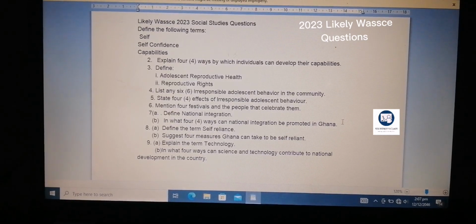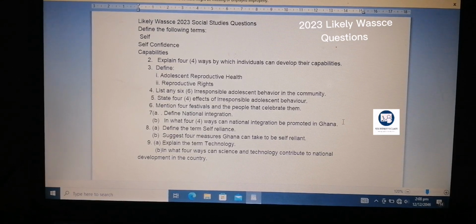Second one, we can also talk about celebration of national festivals. The government can periodically organize national festivals like the Panafest, like the Festac, and the like to promote national integration among people. Also, organizing sporting activities.